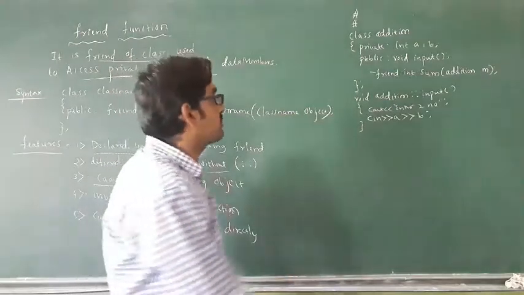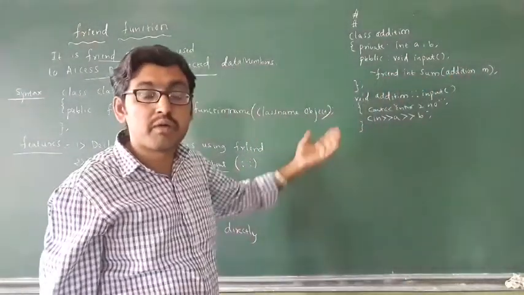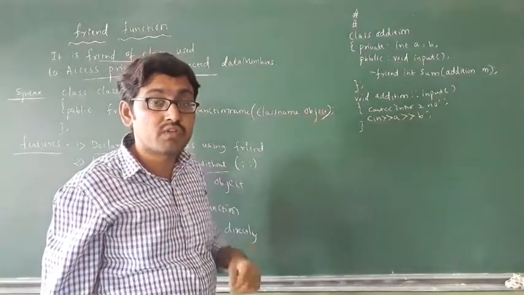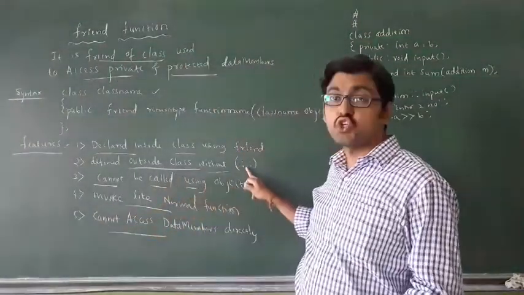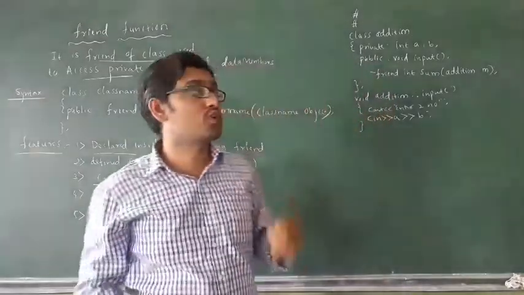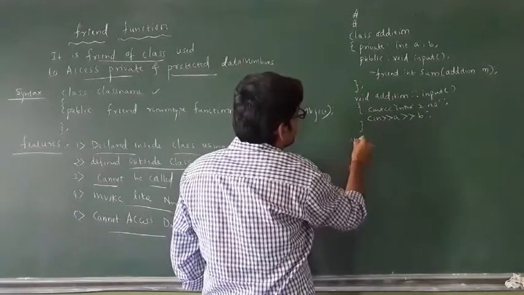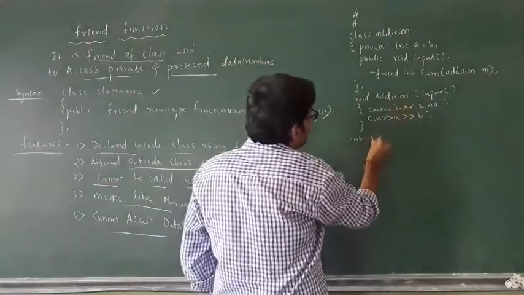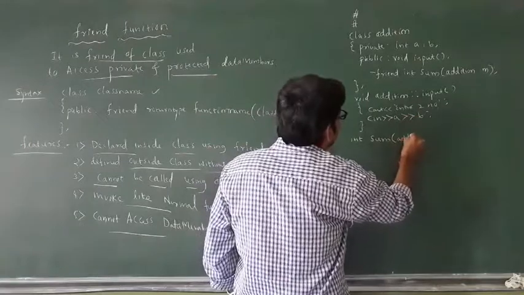The next one I am writing is the friend function outside the class. Outside the class, as I said, don't use any scope resolution operator, so write it the same way: int sum addition m.